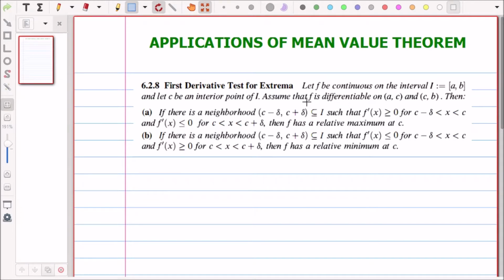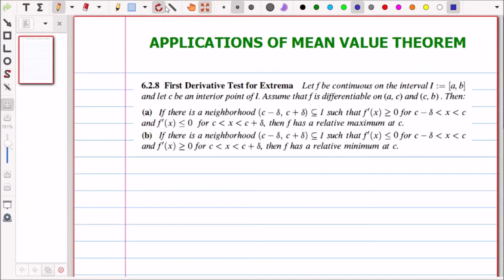So it need not be differentiable at C, but f is differentiable on the open intervals (a, c) and (c, b). Then if there is a neighborhood (c minus delta, c plus delta) contained in I, such that on the left of C the derivative is positive and on the right of C the derivative is negative, then the function has a relative maximum at C.